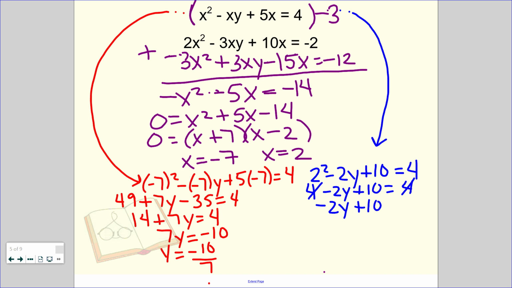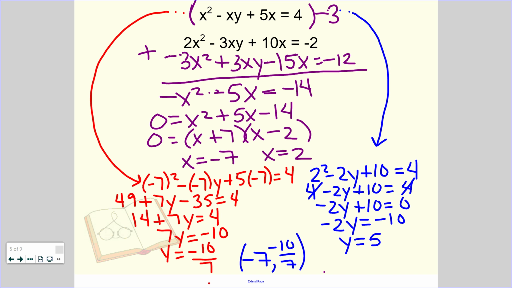Negative 2y plus 10 equals 0. Subtract 10 over, get negative 10. And then from there, divide by negative 2, I get y is 5. Final answers here are negative 7 and negative 10 sevenths, and then 2, 5 are my 2 points of intersection.